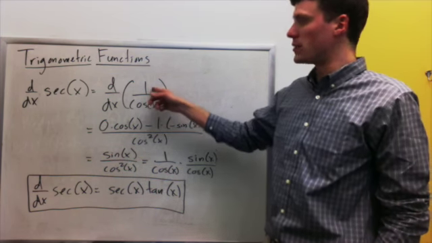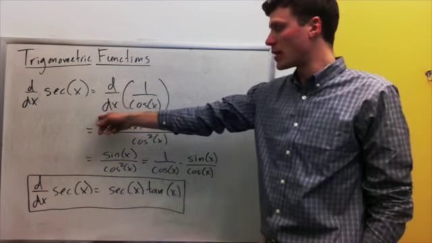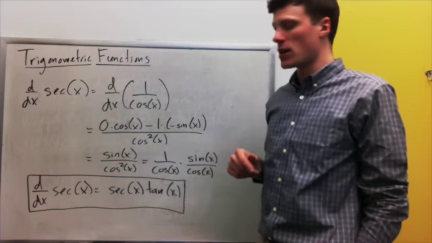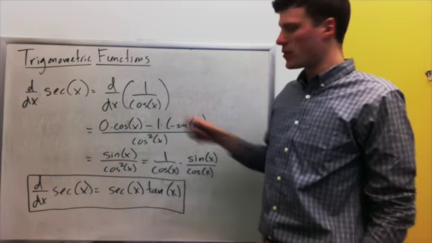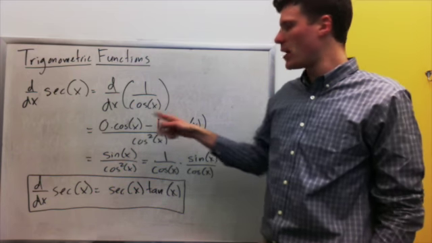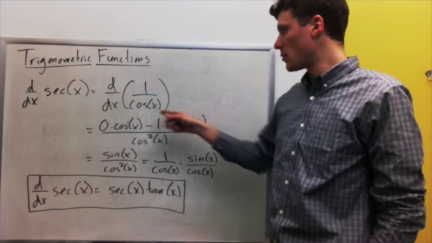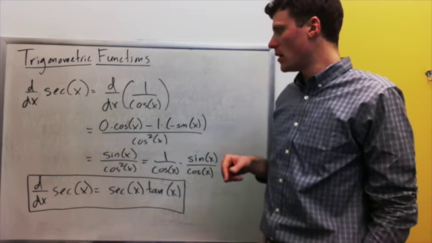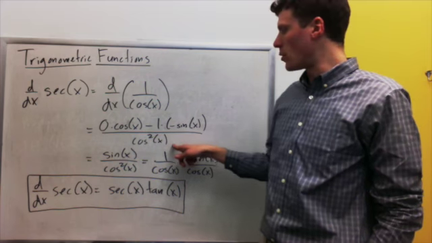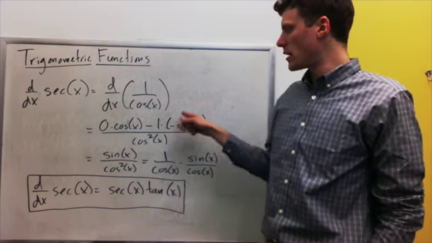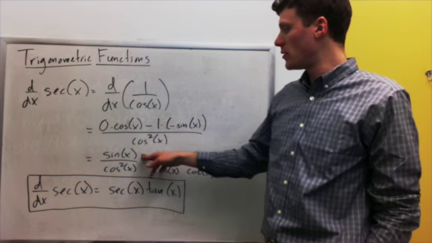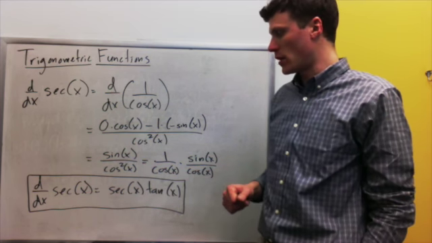The derivative of the top is 1, so I get 0 times the bottom, which is cosine, that's just going to go away. Minus the top, which is 1, times the derivative of the bottom, which is negative sine. Derivative of cosine is negative sine. And that's all over the bottom squared, so all over cosine squared. 0 times cosine goes away. Negative 1 times negative sine gives me sine over cosine squared.